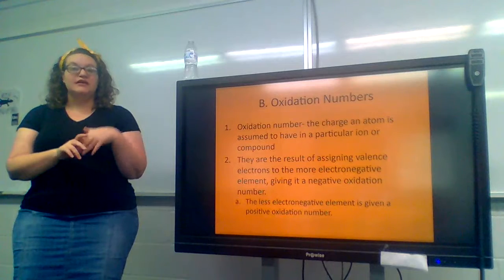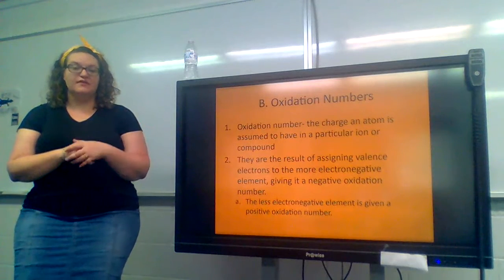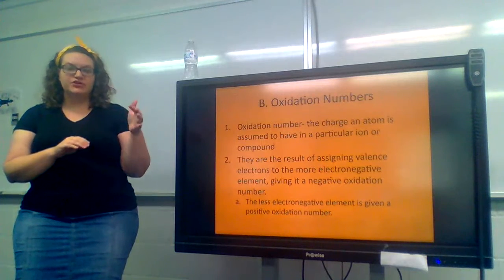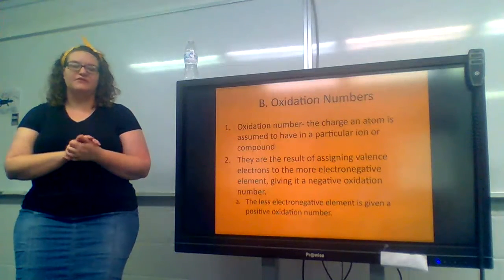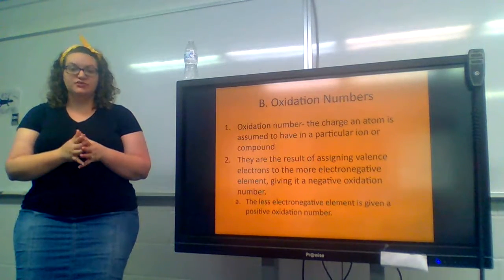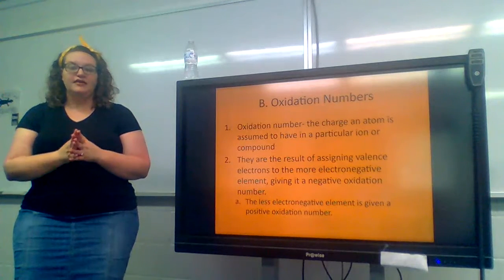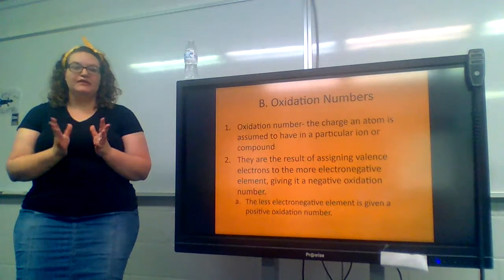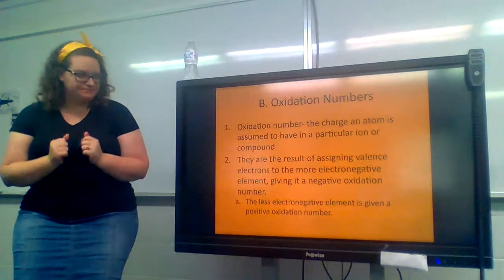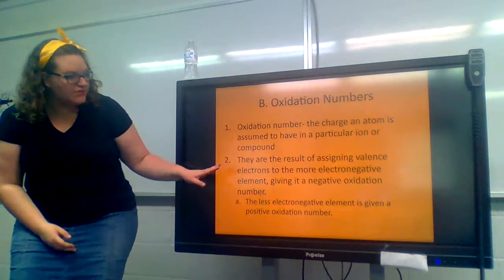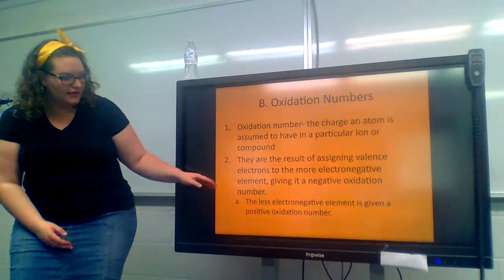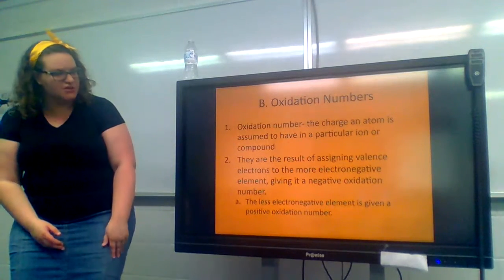If there's an excess of electrons, then there is a negative charge. If there is a deficiency of electrons, there's a positive charge. And if both the electrons and protons balance out, then you're dealing with a neutral charge. So they're the result of assigning valence electrons to the more electronegative element, giving it a negative oxidation number.